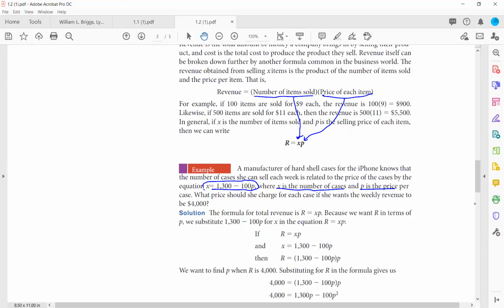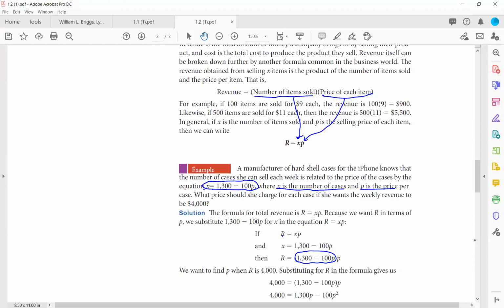X is a linear function of P. So for X, you substitute 1,300 minus 100 times P in parentheses times variable P. Revenue is equal to X times P. X is given in the question, and P is just a variable that you copy down here.